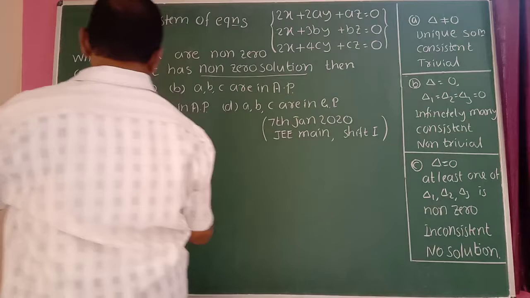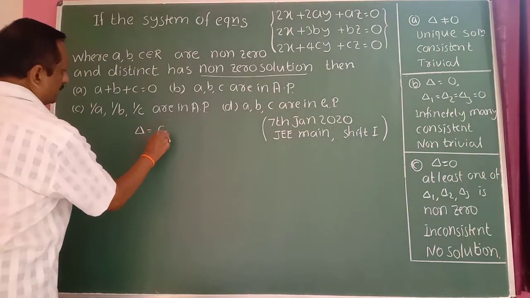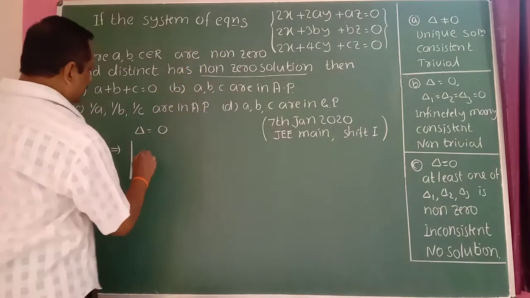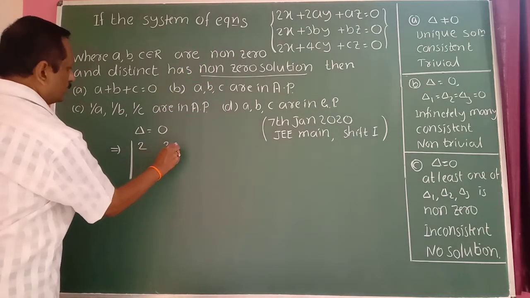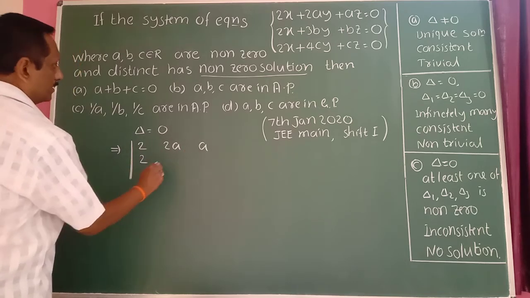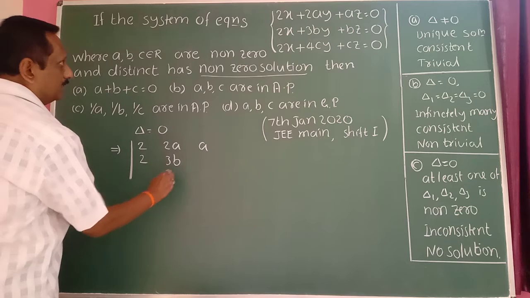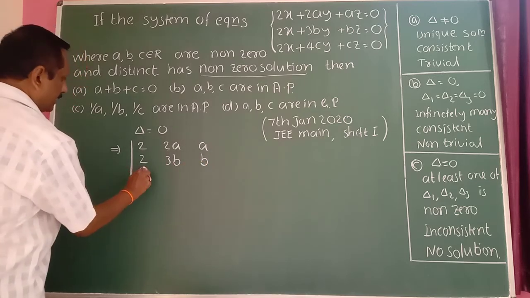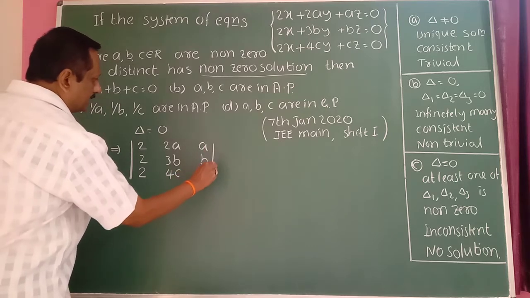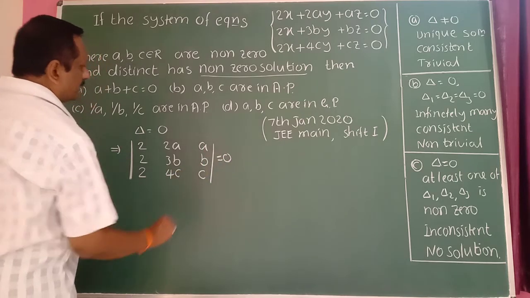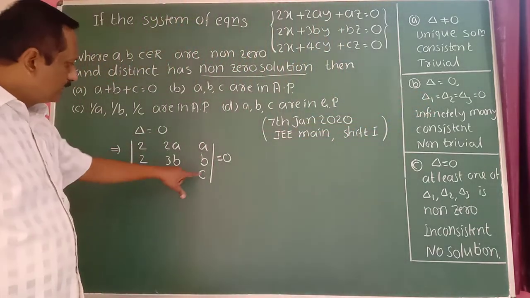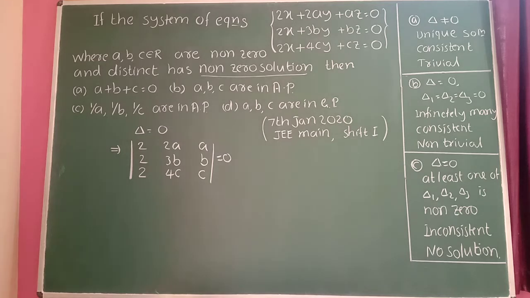Therefore delta is equal to 0 implies the determinant of the coefficients: 2, 2a, a; then 2, 3b, b; then 2, 4c, c, is equal to 0. Taking this determinant equal to 0, write only the coefficients of x, y, z here.